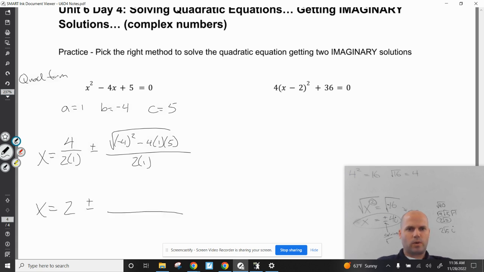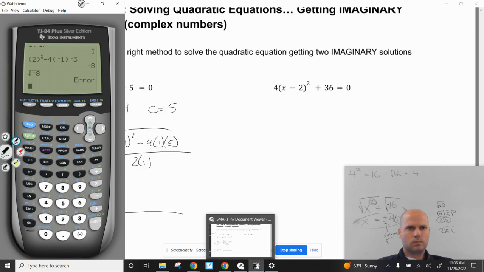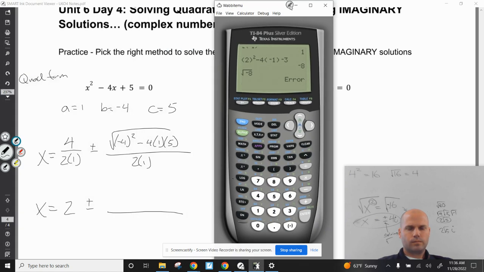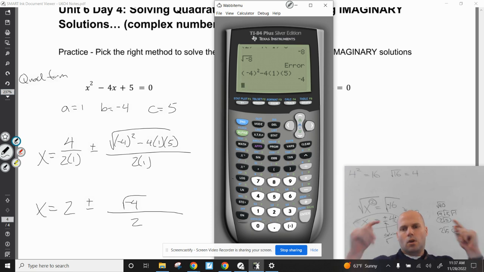Let's work inside the square root. -4 squared minus 4 times 1 times 5. It's -4. The square root of 4 is 2.